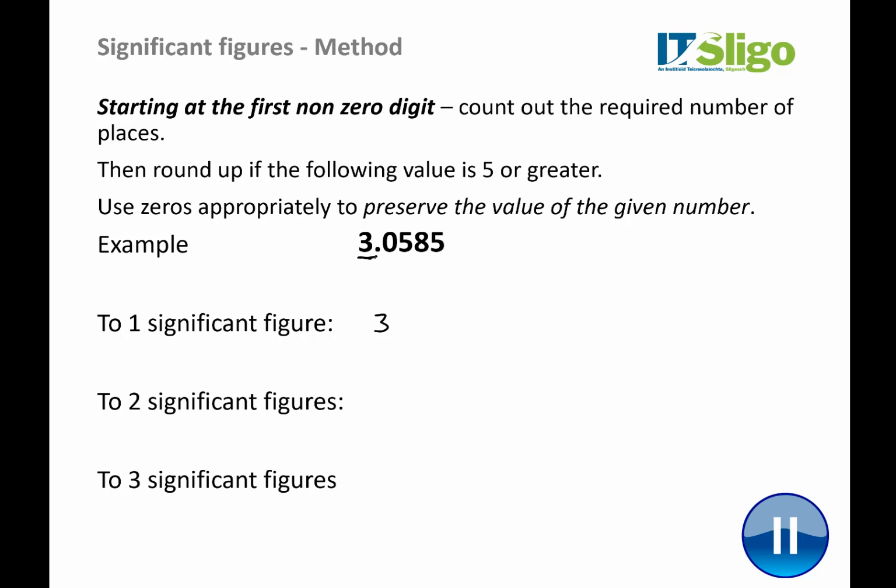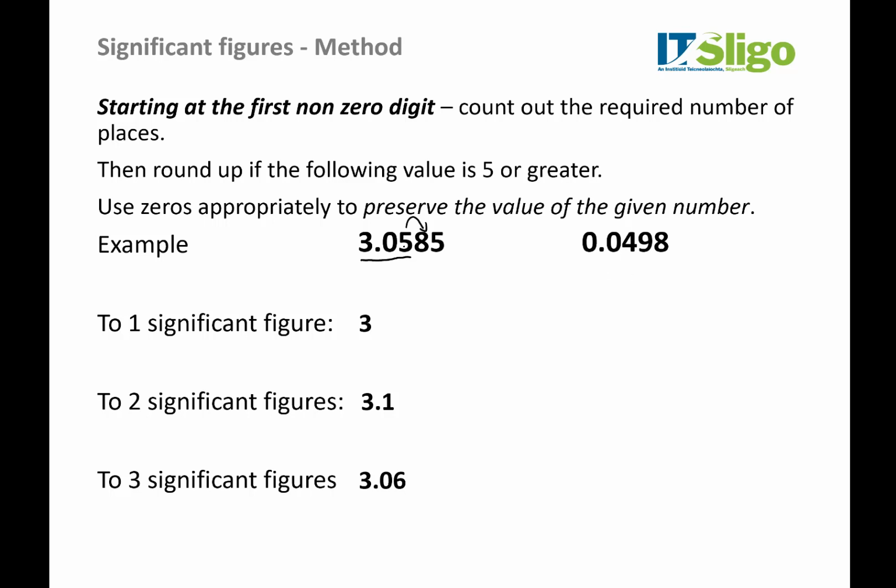To two significant figures, we count out our two significant figures. We look over, it's going to be 3.1. To 3 significant figures, there's our 3 significant figures. We look over, the next value is greater than 5, so the 5 is rounded up. And there's our value to 3 significant figures.